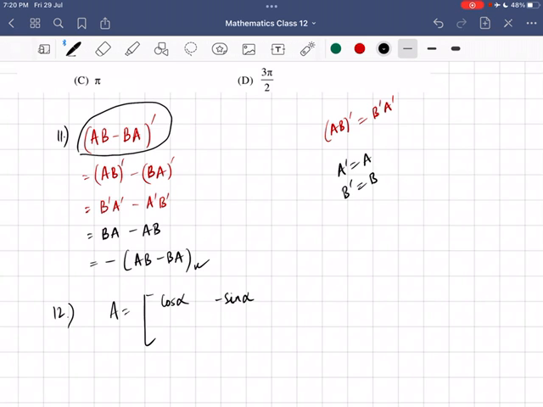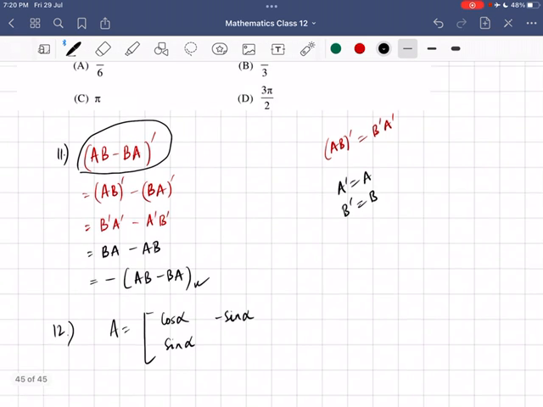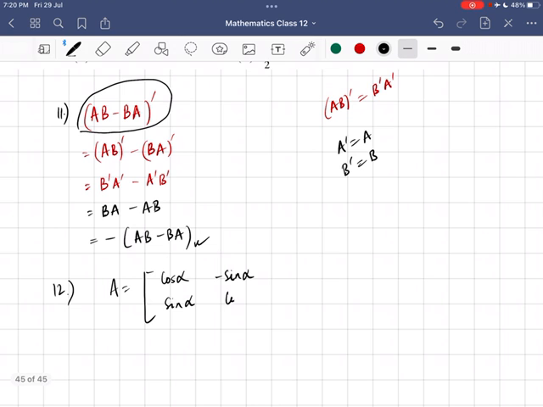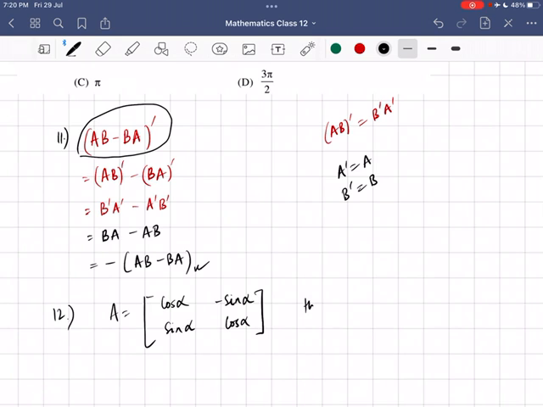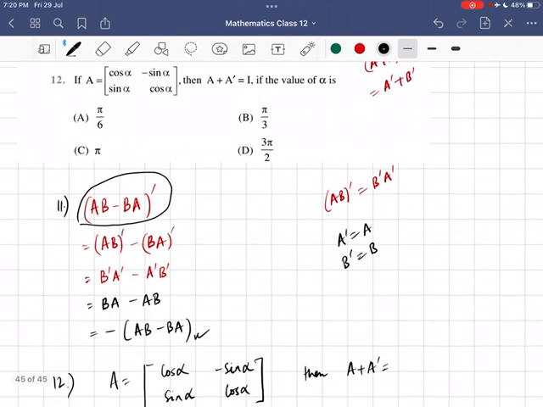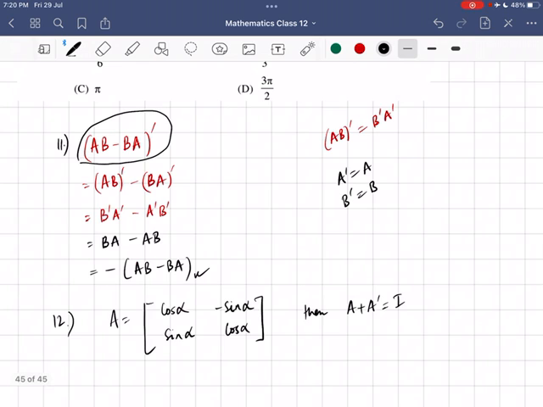So this is my A, and A plus A transpose is equal to I. So they have told you that A is given as cos alpha, minus sin alpha, then sin alpha and cos alpha, and A plus A transpose is equal to I.